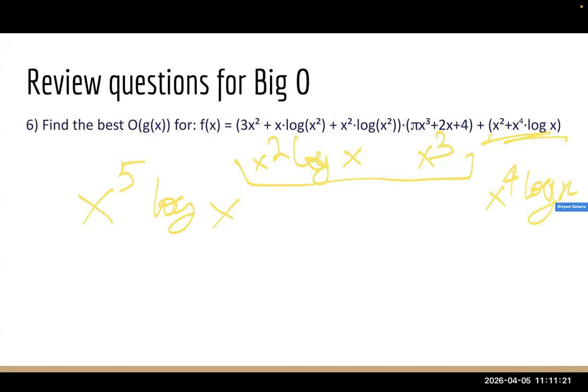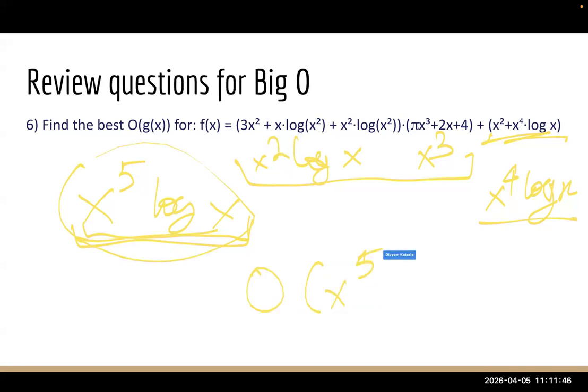Now, if you compare this with this, you'll see that this is a higher value and thus has a higher complexity or a higher big O order of growth. So we want to use the biggest one to find the best O of g(x). Thus, the biggest one would be O of x to the power 5 log x.